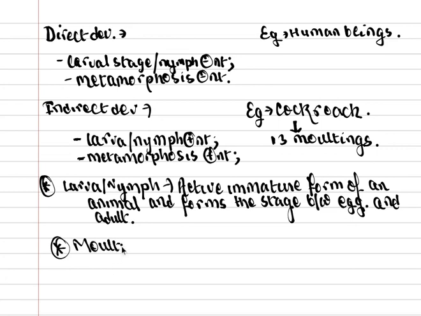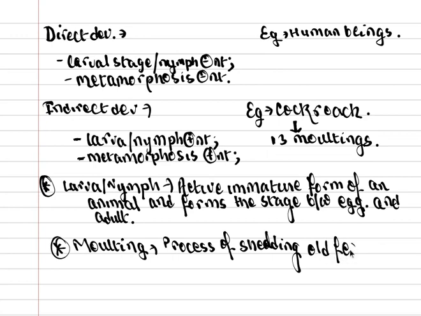Molting, it is the process of shedding old structures, actually, like old feathers, skin or hair to form new growth.